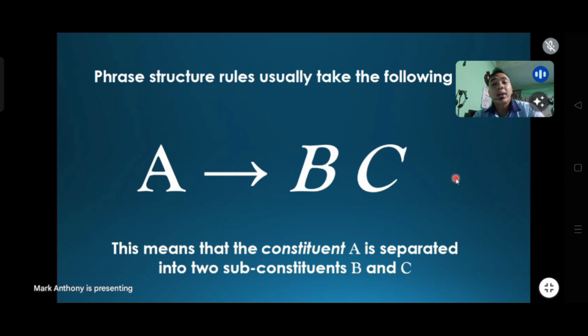For example, we have here constituent A. Constituent A is separated and divided into two subconstituents B and C, as we can see here in the presentation. So usually phrase structure rules take this simple form.